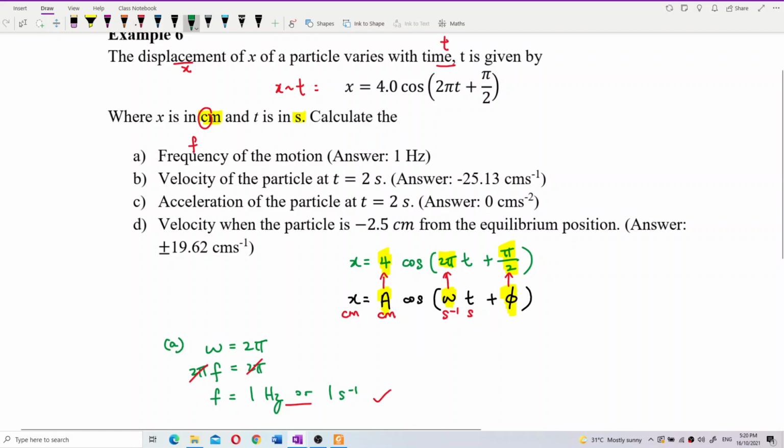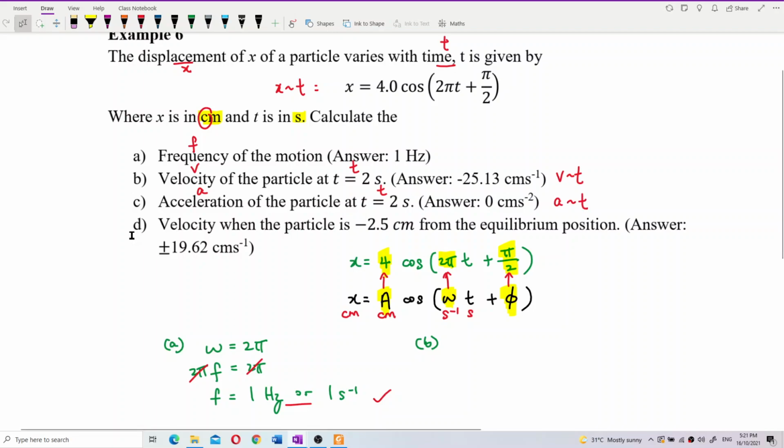Now how about part B? We want to find the velocity at this given time, so we need the velocity versus time equation. And then the following question also asks for the acceleration at this time, so for this one we need the acceleration versus time equation.